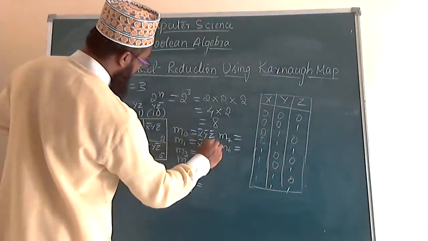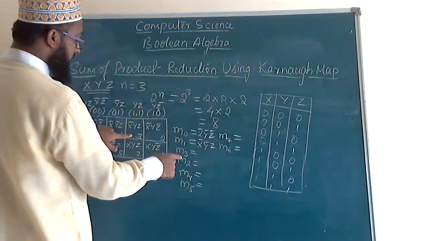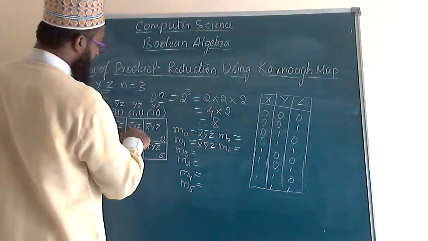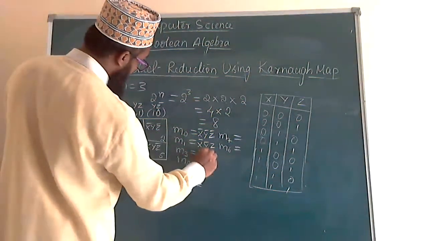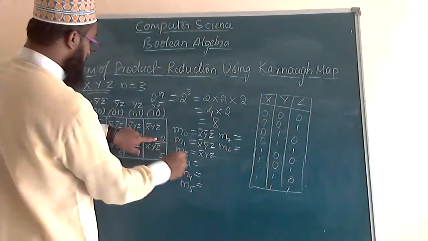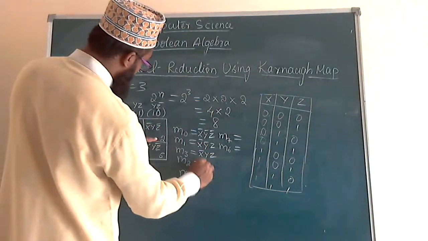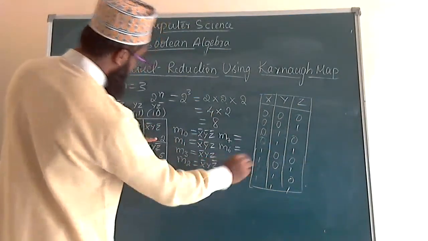Then for the third one, m3, take x bar, y, z. Then for m2, write down x bar, y, z bar.